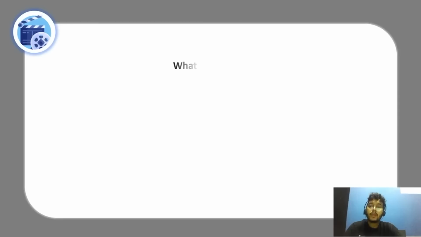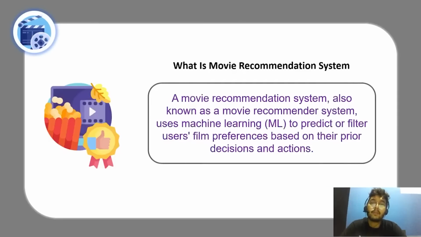A movie recommendation system, also known as a movie recommender system, uses machine learning to predict or filter user film preferences based on their prior decisions and actions. It is an advanced filtration system that anticipates the consumer in question's potential like selection for a domain specific item, a movie.